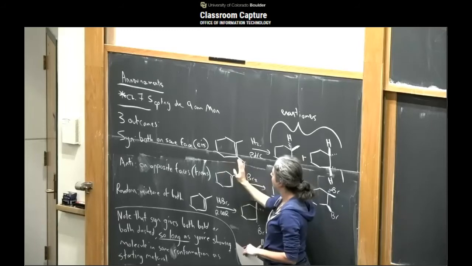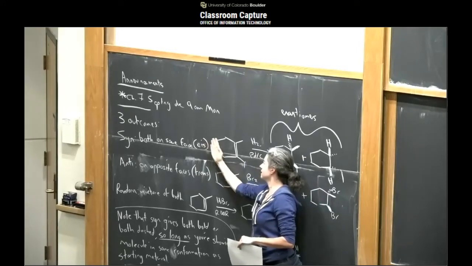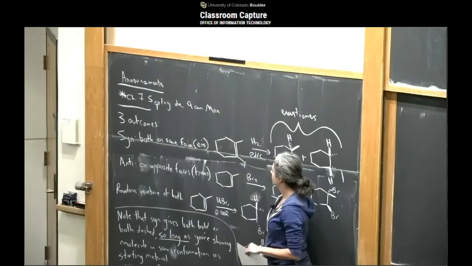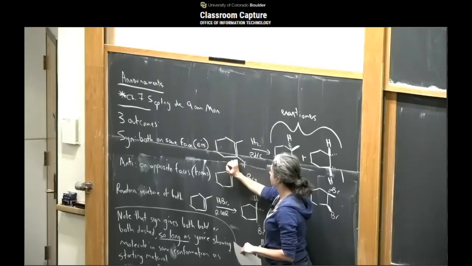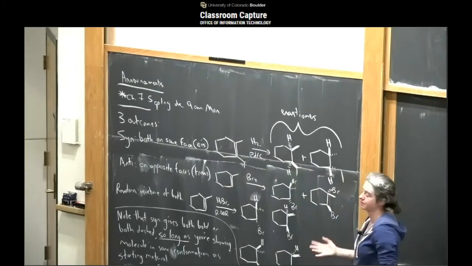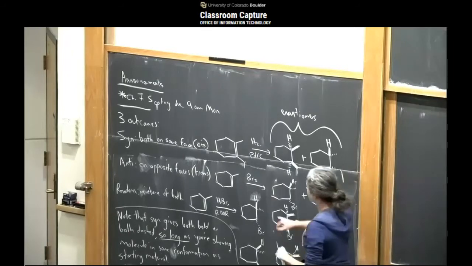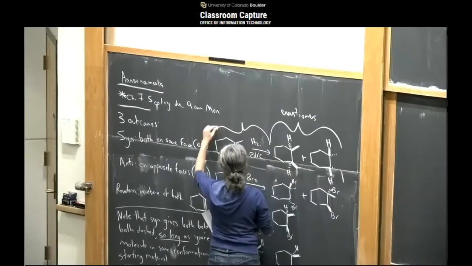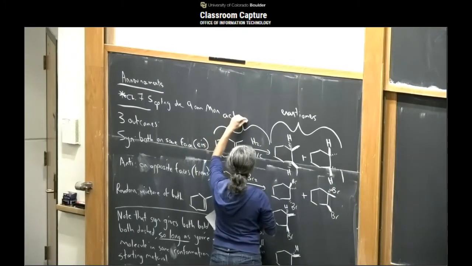You can slice it in half in the plane of the board. There are no asymmetric carbons on this thing, and if you drew its mirror image, it would reflect into it. So all of these are achiral.